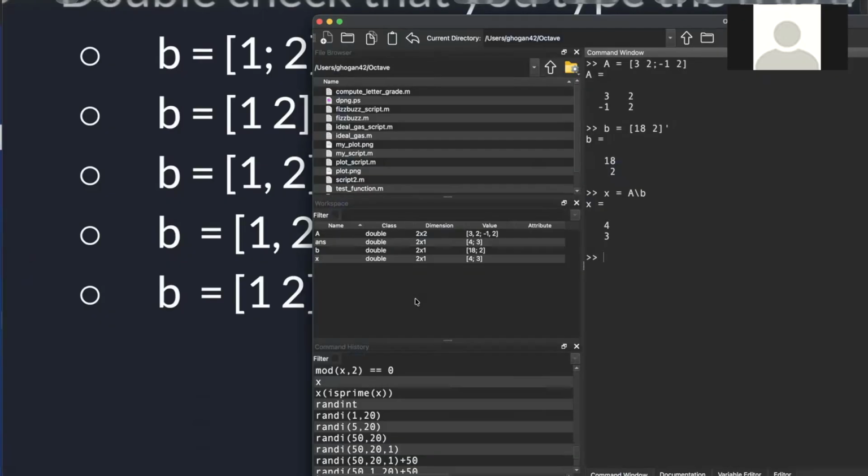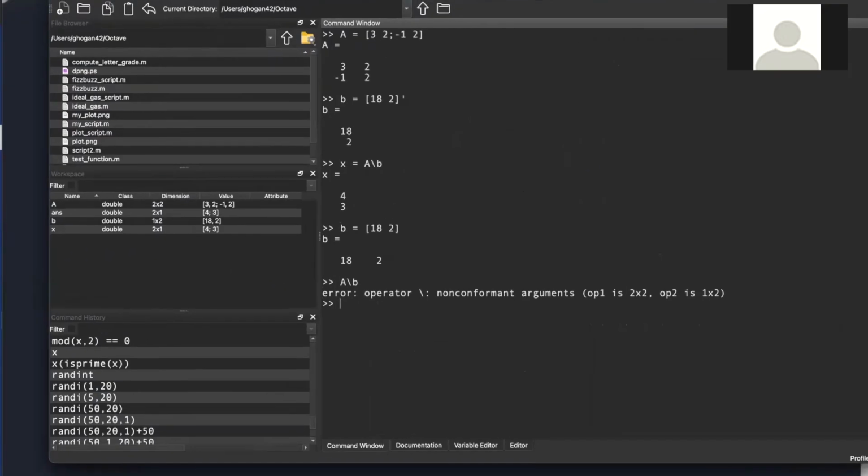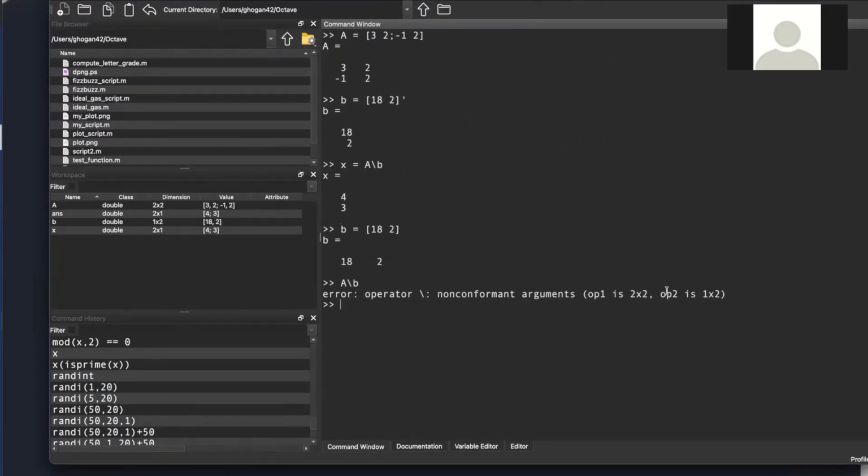If you type it in wrong, say B equals 18.2 as a row, and then try to do A backslash B, you're going to get an error. The error will tell you that these are the wrong size. So you have to go back, fix the B to make it a column, and then A backslash B gives you your answer right away.